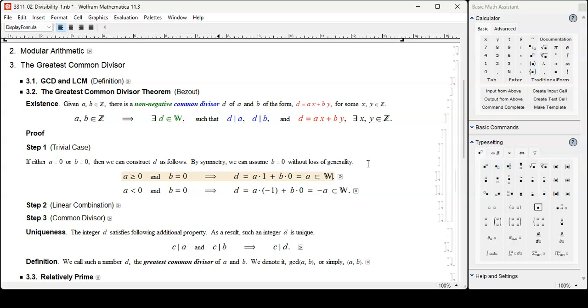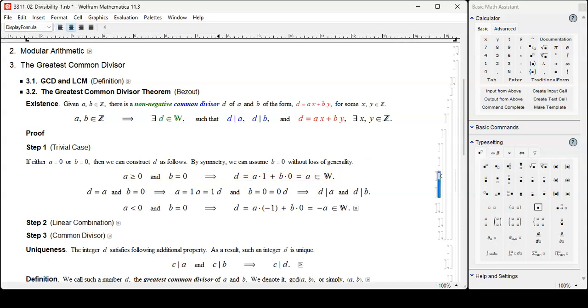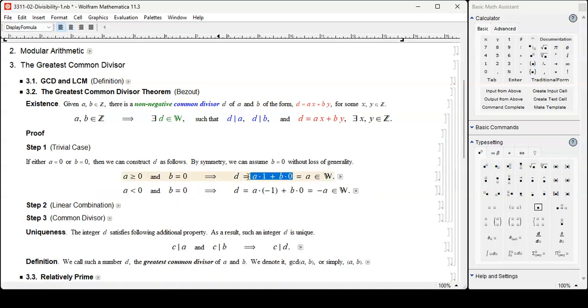Is this a common divisor? Well, a divides a, of course. And a divides b, well, b is 0, so everything divides b, no problem there. A times 1 is 1 times d, because a and d are the same, and b is 0, so 0 times d. Yes, it's a common divisor. And as for the linear combination, it's already there.